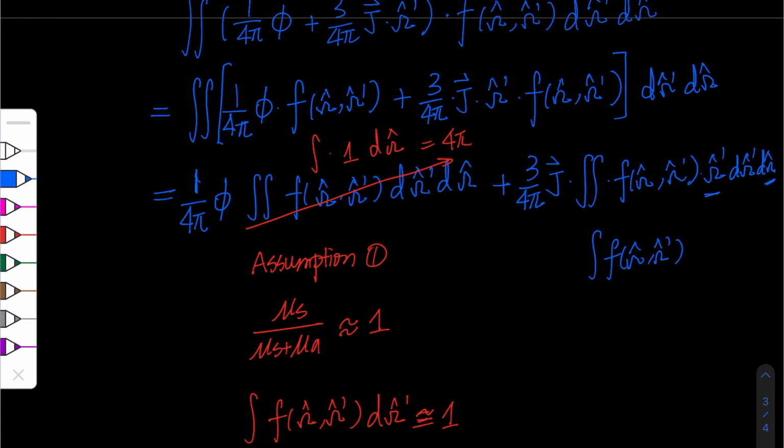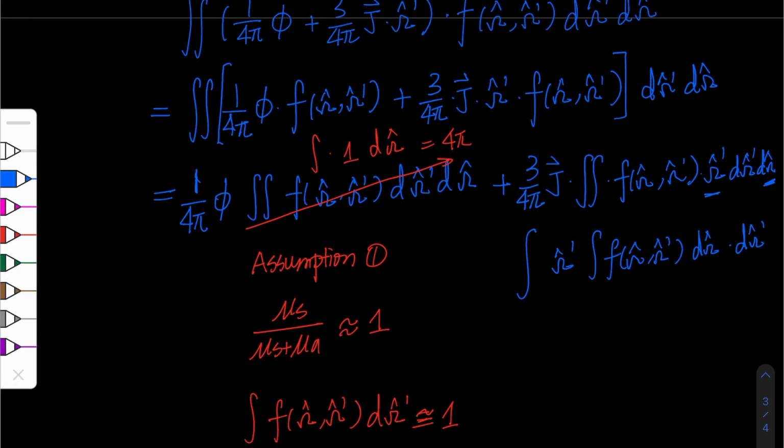In that sense, omega hat prime is not depending on omega hat anymore, so we can take it out, do the integral over omega hat, and then have the integral over omega hat prime outside of everything.